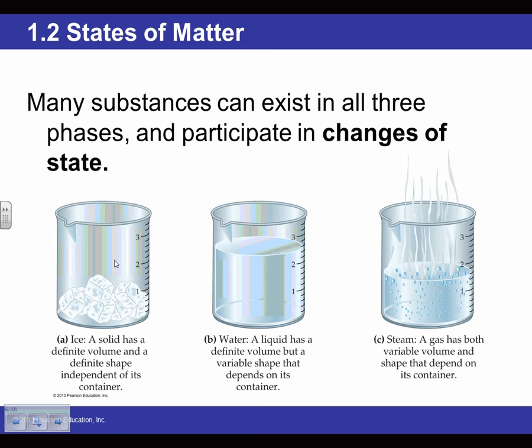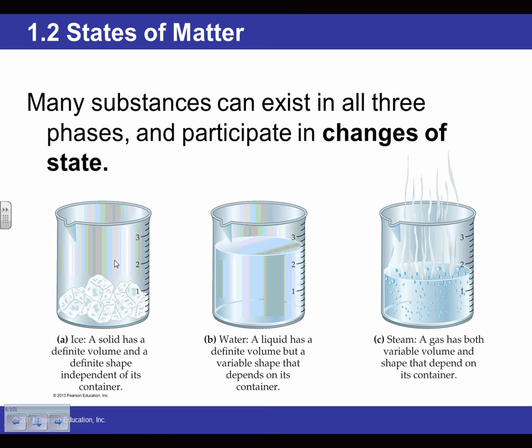Now, these transitions between these states of matter represent changes of state. They undergo phase changes. You need to understand as a basic premise that when you talk about ice, it represents the transition from a liquid to a solid. When you're talking about freezing, when you're talking about melting, you're talking about a solid becoming a liquid.